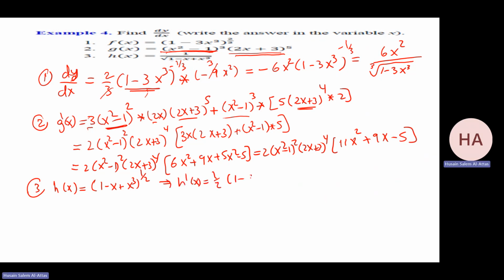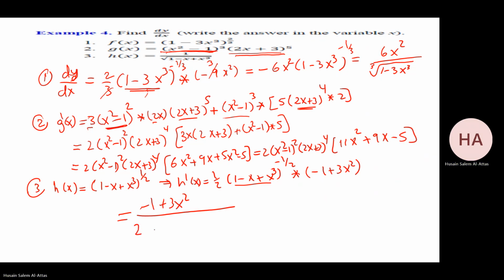It will be half this to the power minus half, times the derivative of this, which is minus 1 plus 3x squared. I can rewrite it as what? I have in the numerator minus 1 plus 3x squared. The denominator I have 2 square root of this.